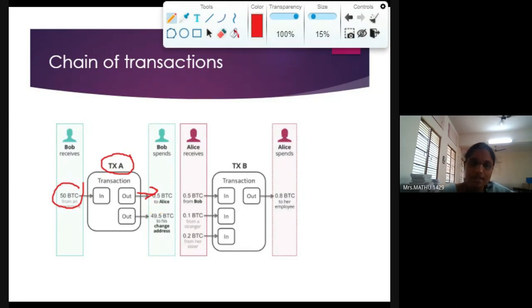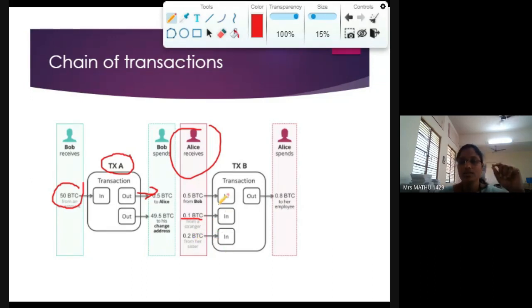On the other side, Alice has received this 0.5 Bitcoin from Bob, so for her that is the input now. Because it is unspent, she is holding that 0.5 Bitcoin, and she wants to spend it. Similarly, she has got 0.1 Bitcoins from some stranger and 0.2 Bitcoin from her sister.